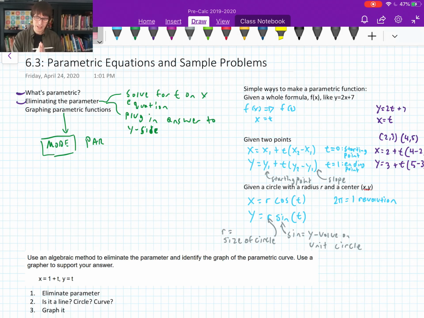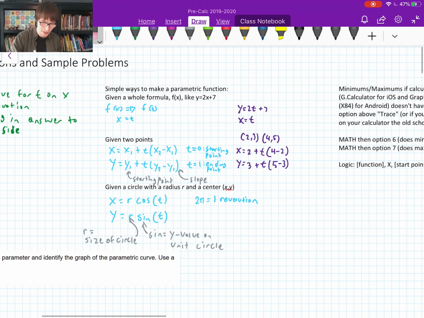Let's talk about now how to actually make parametric functions. And this is the fun part. Let's say we have a function and we want to make it parametric. Some easy ways to do that. Let's say we had, for example, y = 2x + 7.